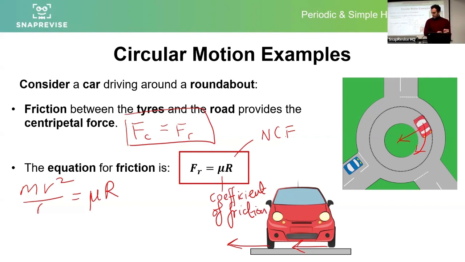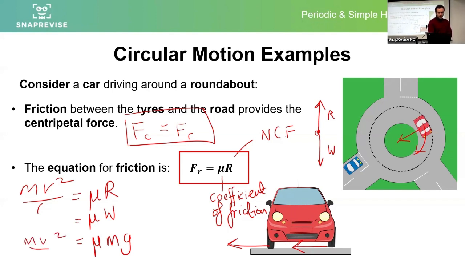The normal contact force, in this case, has nothing else to balance it out except the car's weight. And so this is going to be equal to the car's weight. Therefore, it's going to be equal to the car's mass times little g.